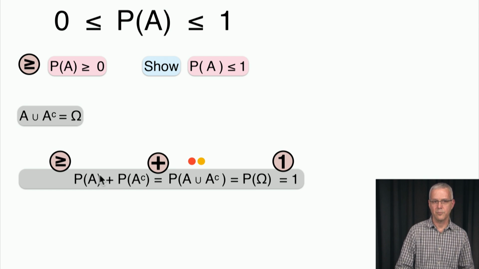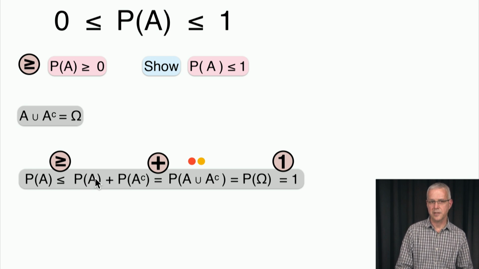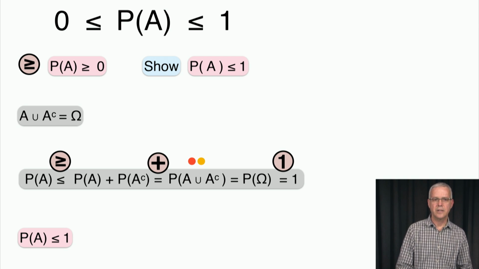Then we use the non-negativity rule: A complement is an event, so its probability is bigger than or equal to 0, and therefore this is going to be bigger than or equal to just P of A. Because we take P of A and add something non-negative, we get a result which is at least as large. And what do we get? The probability of A is less than or equal to 1.